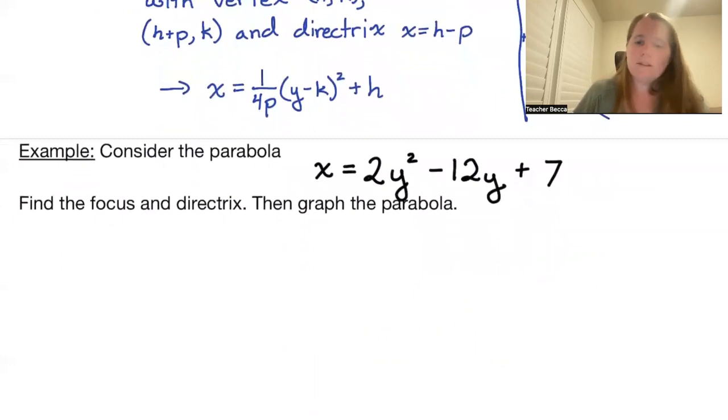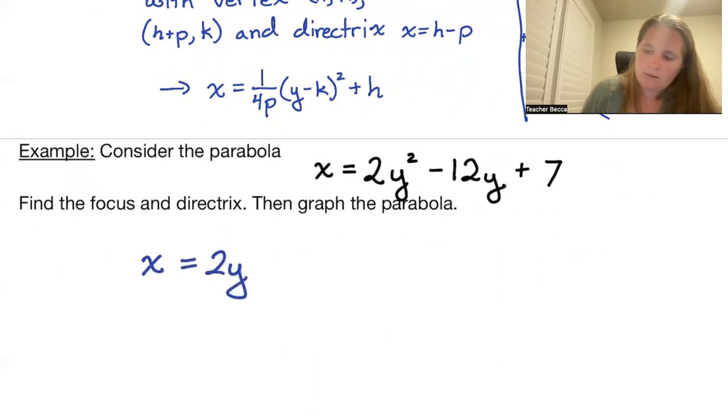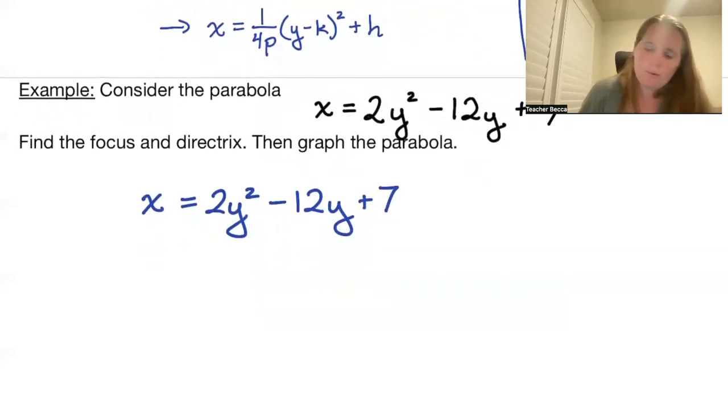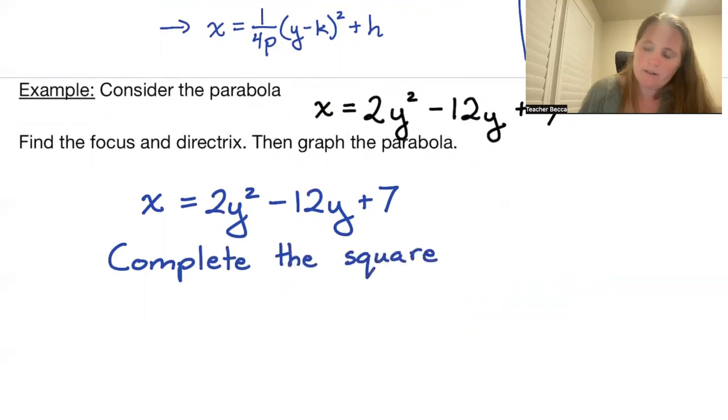So for an example, let's consider the parabola x equals 2y squared minus 12y plus 7. Our job is to find the focus and directrix and graph the parabola. To get this into standard form, we need to complete the square.